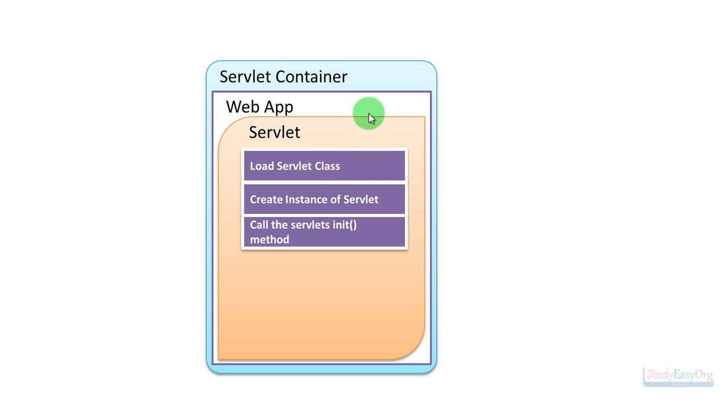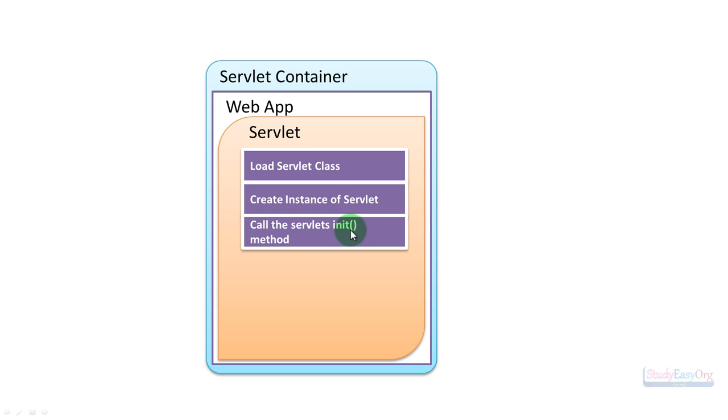So whenever we start Tomcat, for example, and execute a web application, these 3 steps will be taken only once, no matter how many pages the web application has and how many requests we make. Once all these 3 steps are taken and we have called the init method, your web application is all set and up and running.